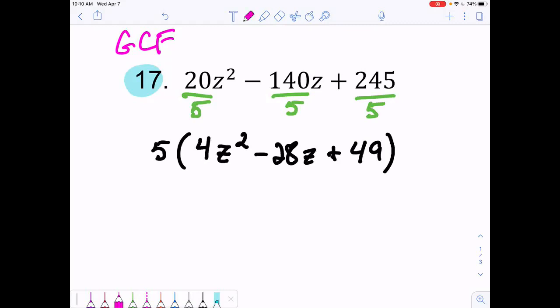Good. So now we can pick out our A and our B fairly easily. Our A is going to be 2z. Our B is going to be 7.